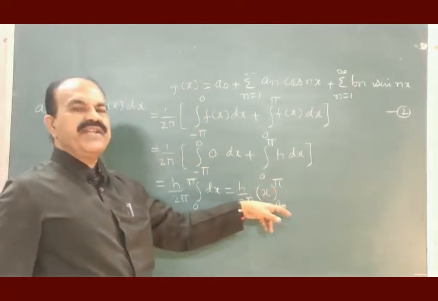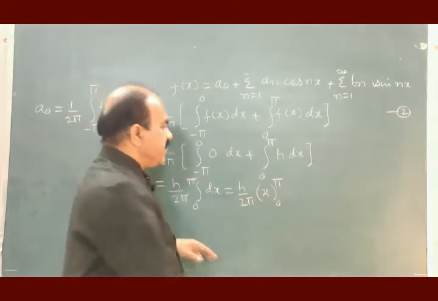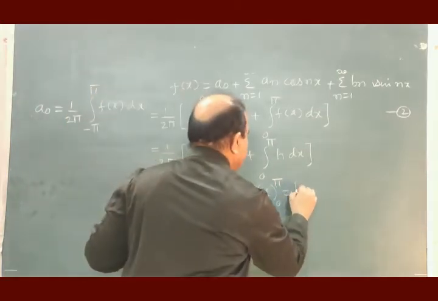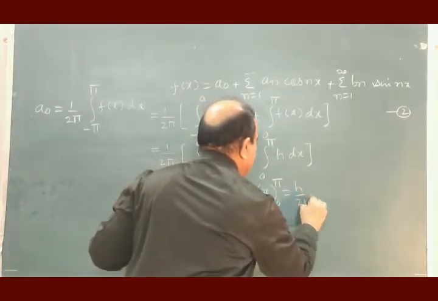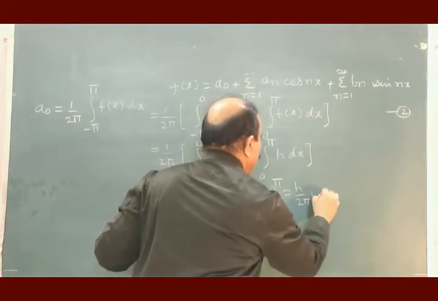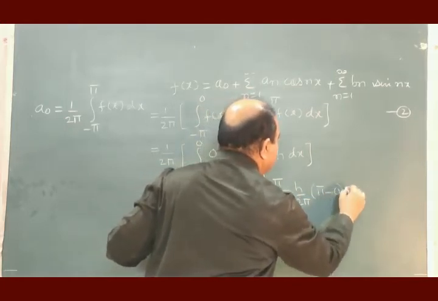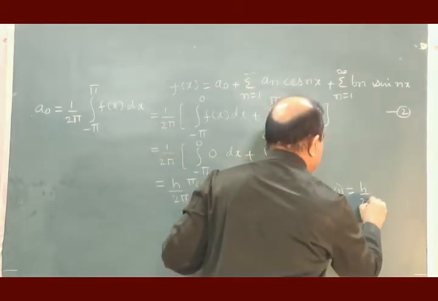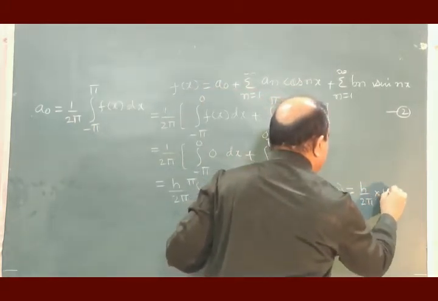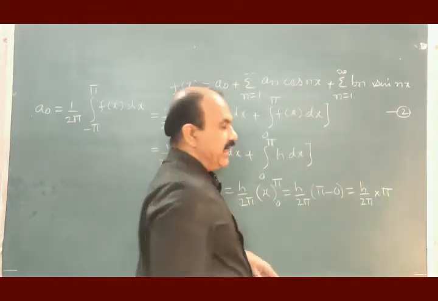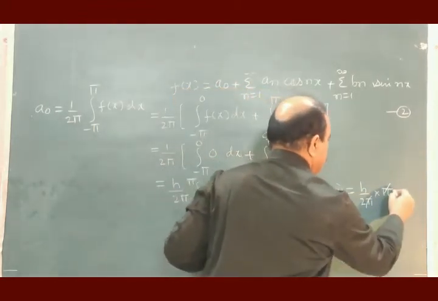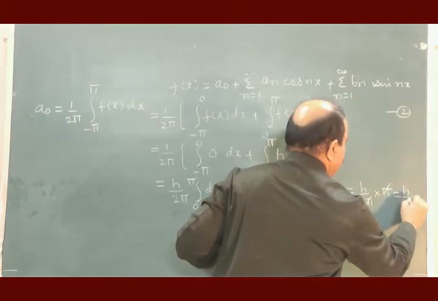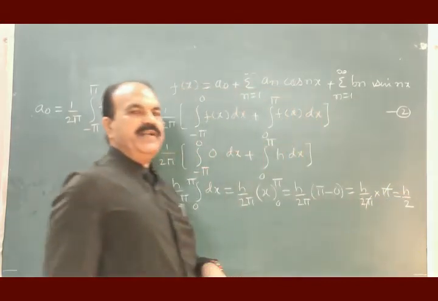Higher limit minus lower limit, that is h divided by 2 pi into pi minus 0, that is h divided by 2 pi into pi. This pi gets cancelled, and what is left is h divided by 2.